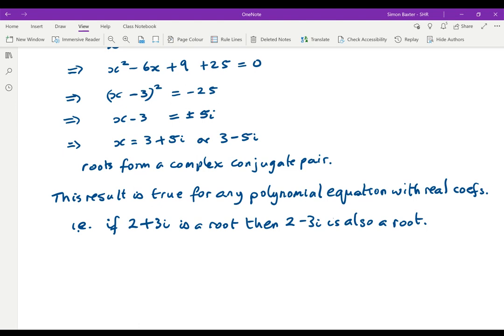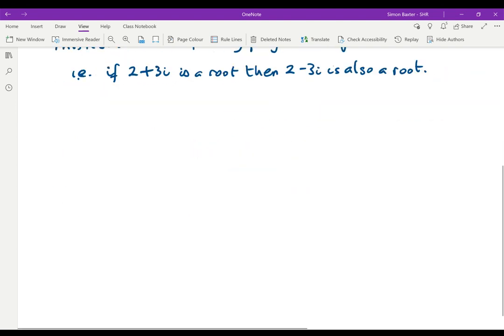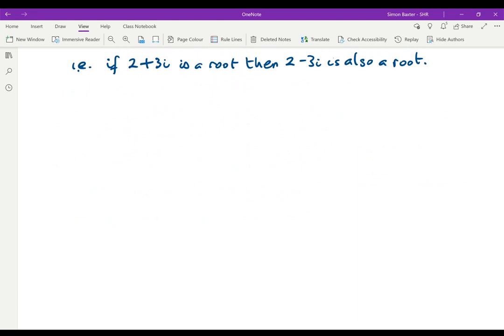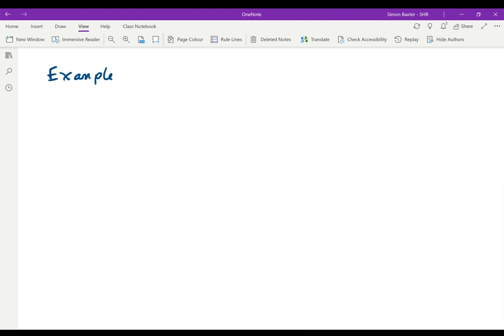We can prove this, but it's a little bit tricky to do just at the moment. So let's take an example working on this principle. Let's suppose that 2 plus i is a root of the equation x to the 4 minus 6x cubed plus 10x squared plus 2x minus 15 equals 0.